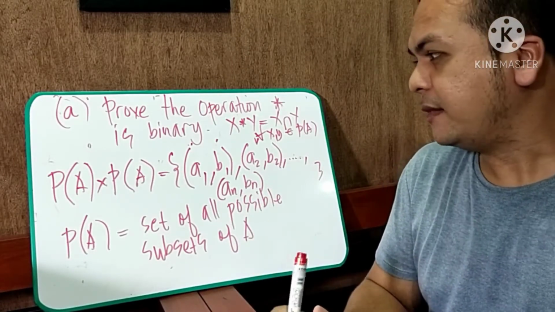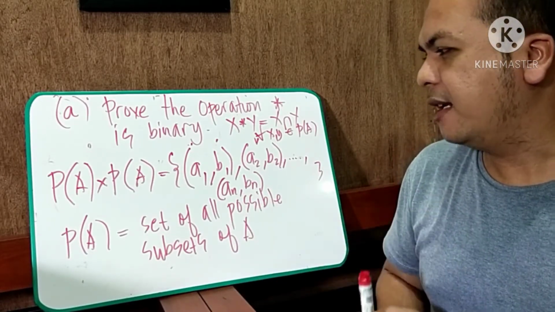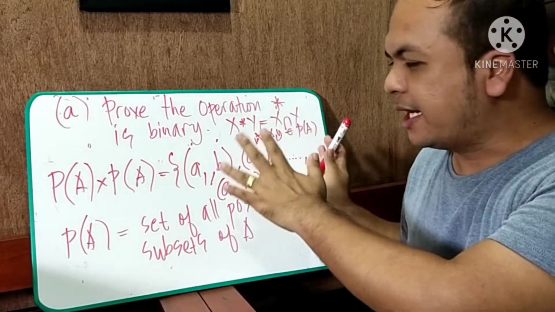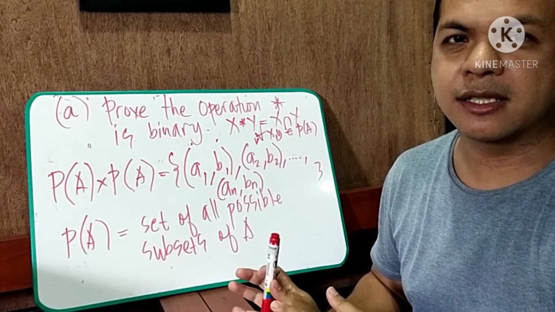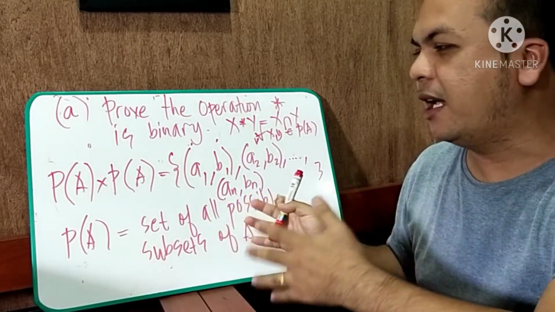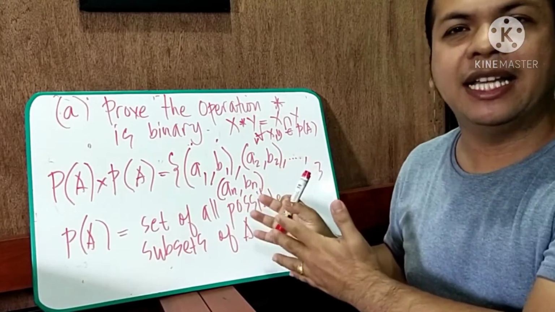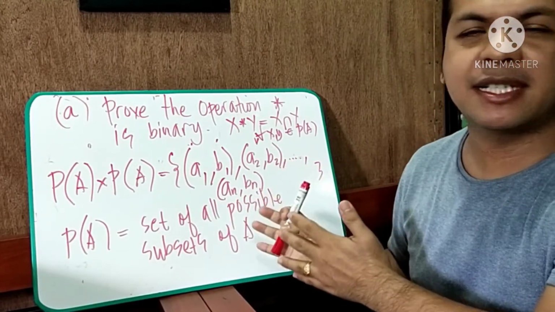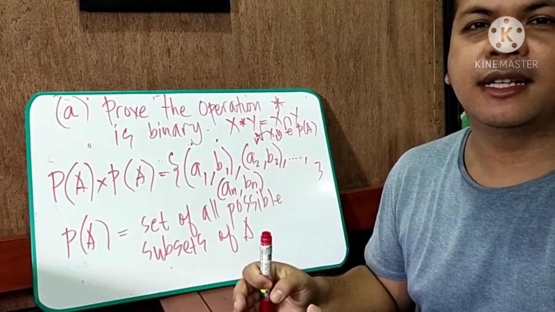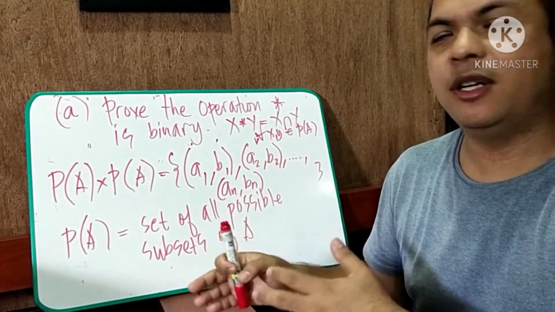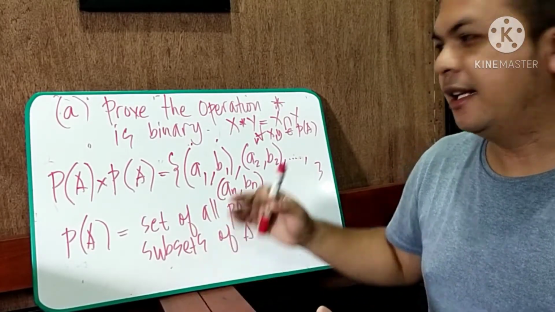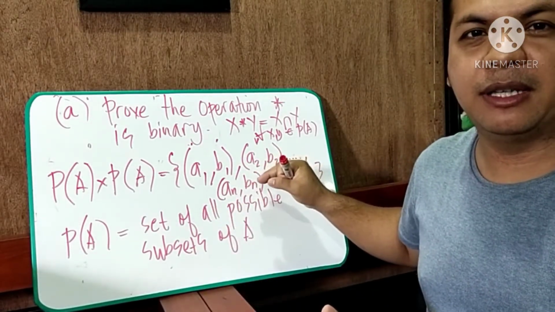Okay. Now, since mapapansin naman natin na yung set na to ay infinite set, pag i-test natin yung lahat ng mga elements ng set na to, it will take us years to do it kasi infinitely many.